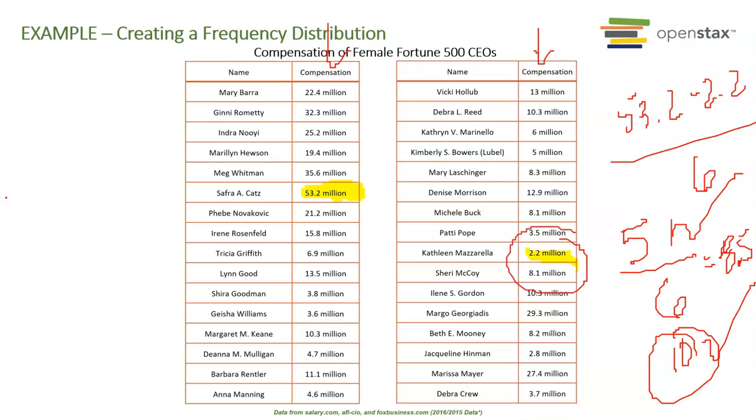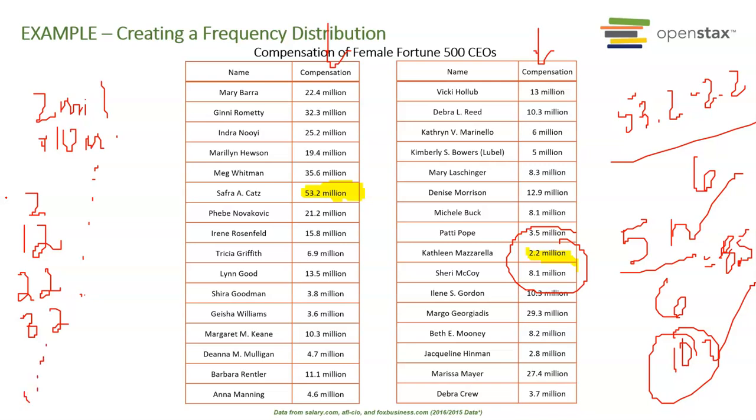I also don't have to start with 2.2 necessarily. I can just go ahead and start with 2 million, and then add my 10 millions down. So 2 million, 12 million, 22 million, 32 million. That's going to be a whole lot easier.